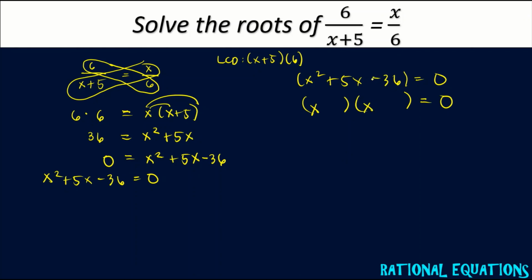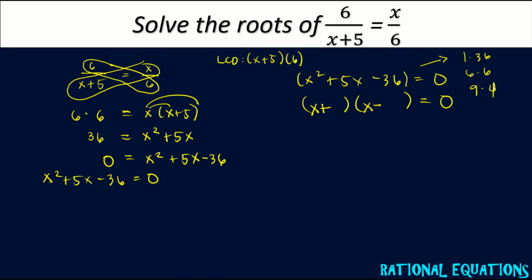Since our last term is negative, different signs, one plus and one minus. Then we look for factors of 36 whose difference is positive 5. We note that the possible factors of 36 are 1 times 36, 6 times 6, and 9 times 4. Obviously, we found a difference of two factors which is that 5. The difference is 5.